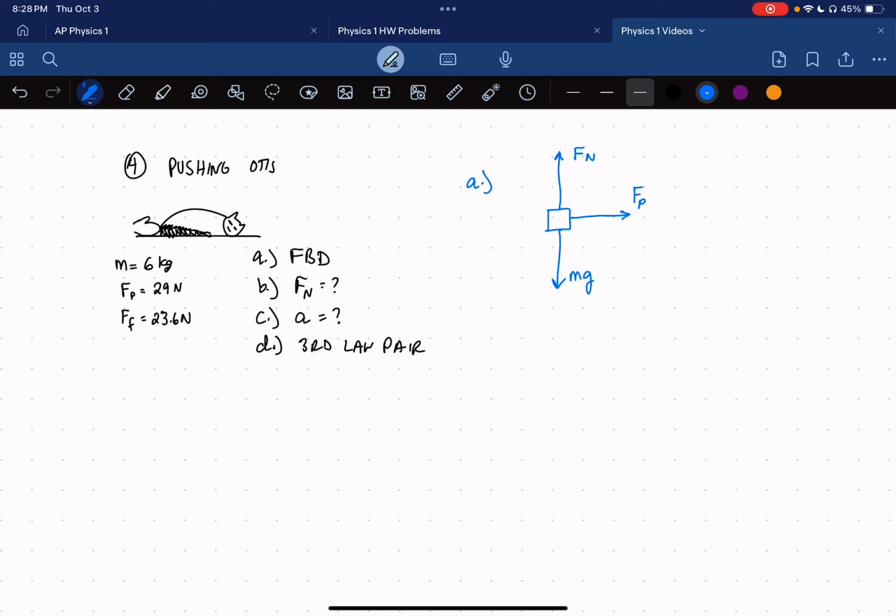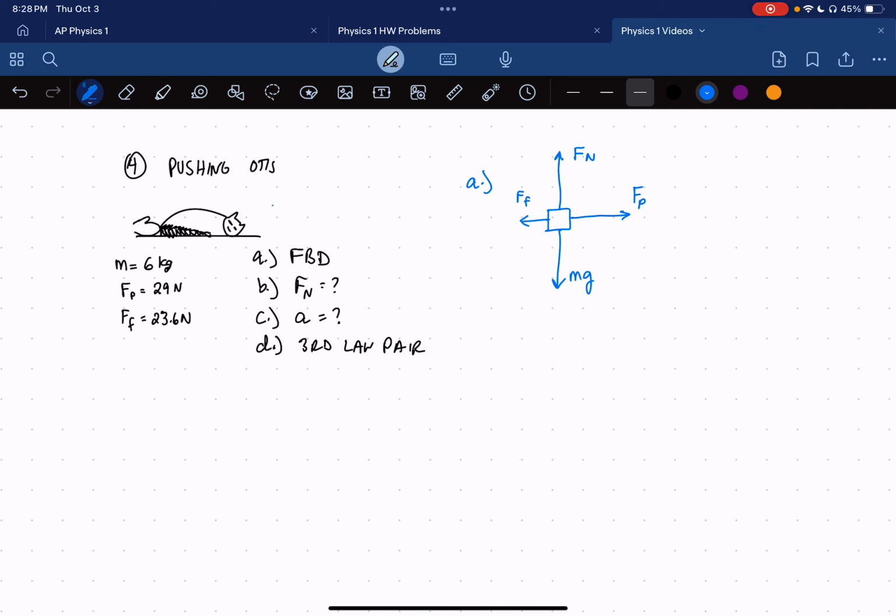So is it left or right? Think about it for a moment. The friction wants to, not wants to, but the friction opposes slipping. So if Otis is going to slip to the right, the friction will be to the left. And we should actually make it a little bit shorter.